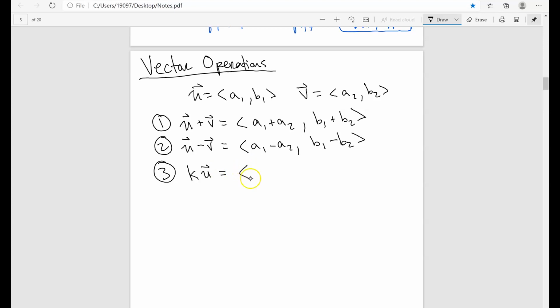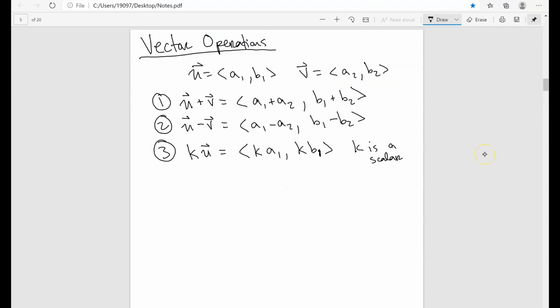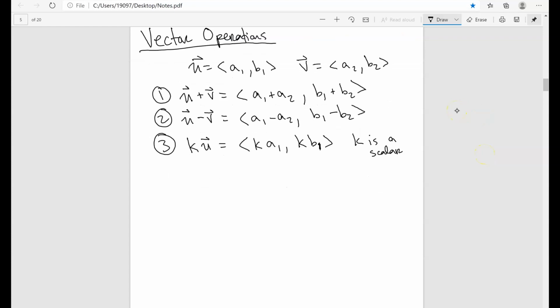Then all you're going to do is take k and multiply each of the individual components: k times a1, k times b1. Here k is a scalar, just a number. That makes sense because that's what we did over here: this number was a scalar and I just multiplied each individual component by that scalar. Later on, we're going to talk about something called the dot product, but we won't get there just yet.